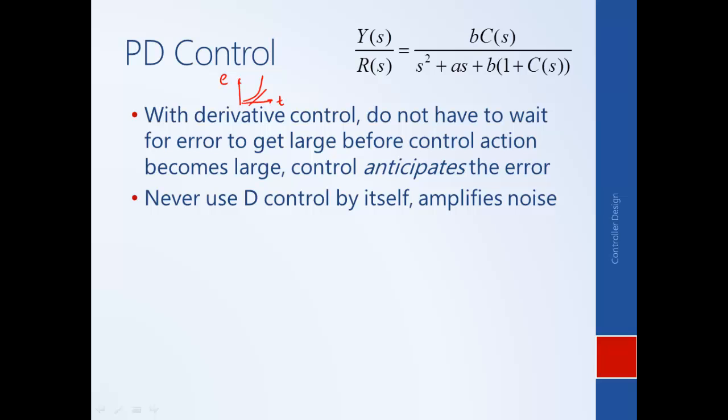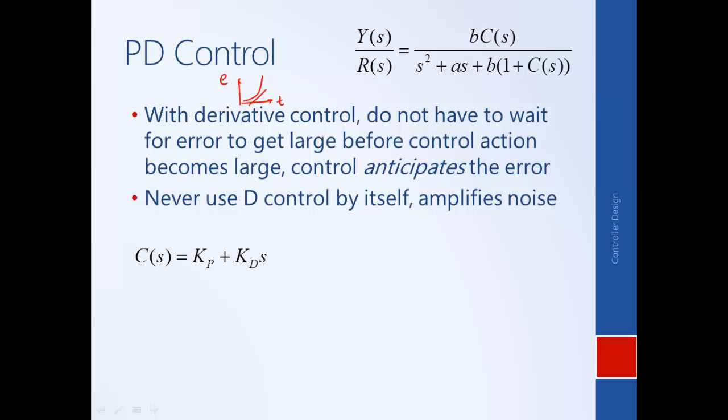We should always use it in conjunction with proportional control, or proportional control and integral control. This fact also makes some people in industry hesitant to use derivative control in their controllers. Later in the course we'll discuss some methodologies for addressing this amplification of noise problem.